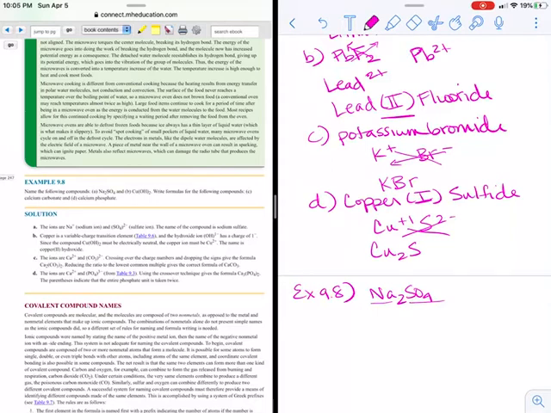Well, in order for there to be an element, there has to be a capital letter. So this is 1, 2, 3. So if there are 3 or more elements, then that means you're definitely talking about a polyatomic ion. So you're going to have to look at table 9.3.